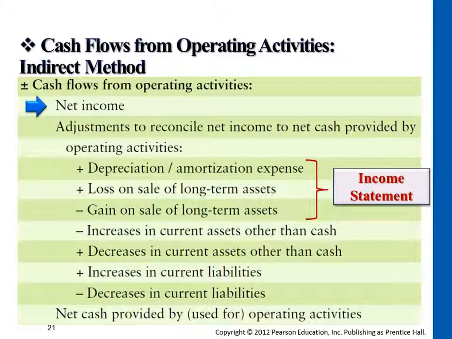That depreciation was originally subtracted in net income. Remember, revenue minus expenses, so we add back depreciation because it's not a cash expense, but it was subtracted in net income earlier. Any depreciation or amortization expense, we add to net income. It was subtracted, but it's not a cash expense, so we add it back.